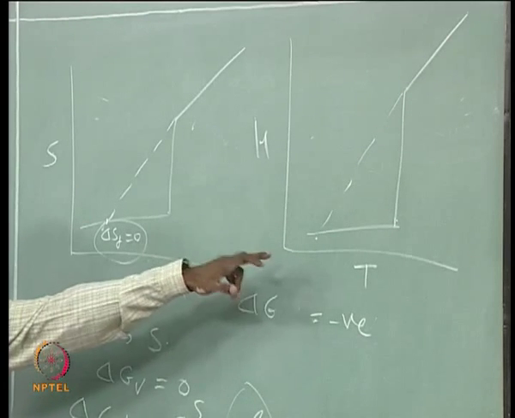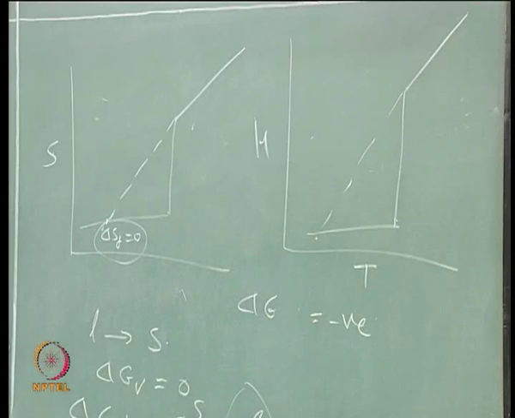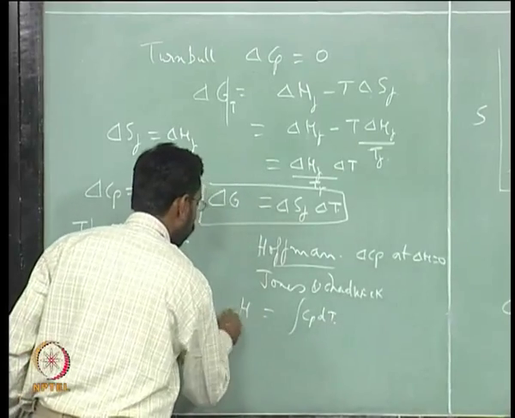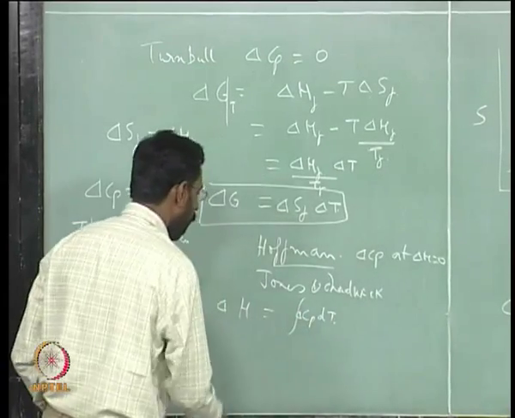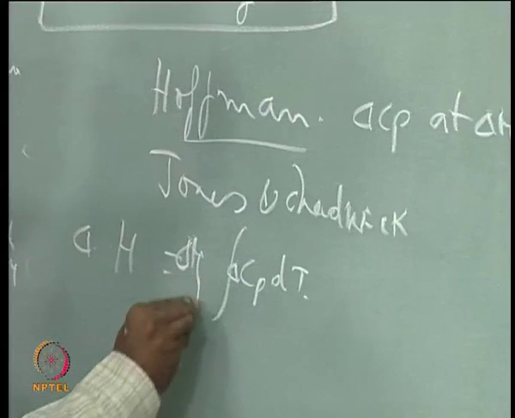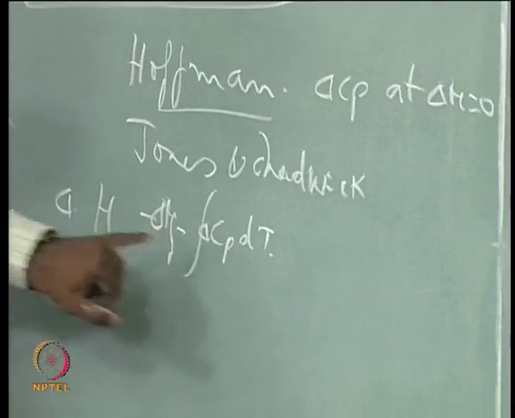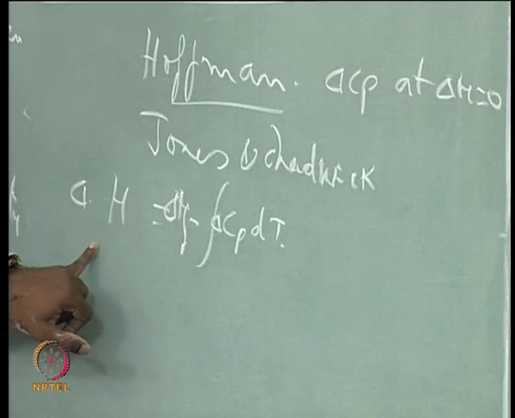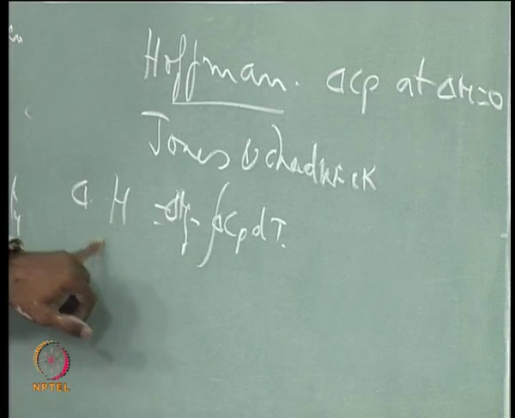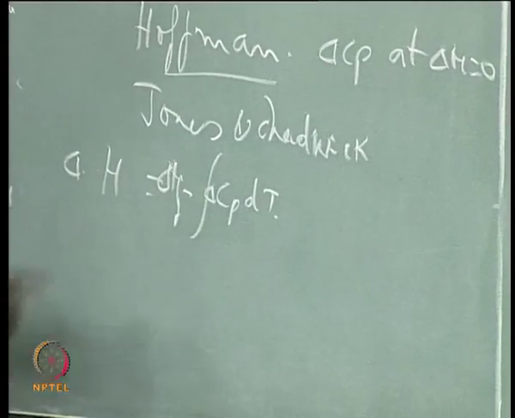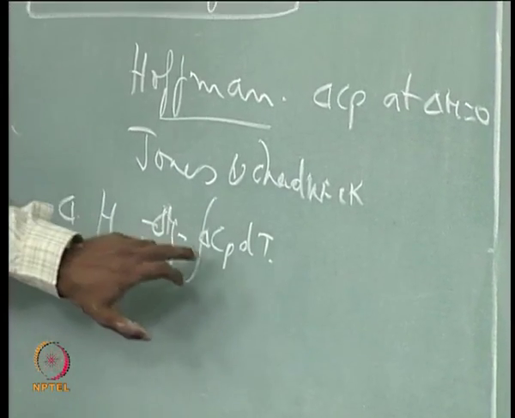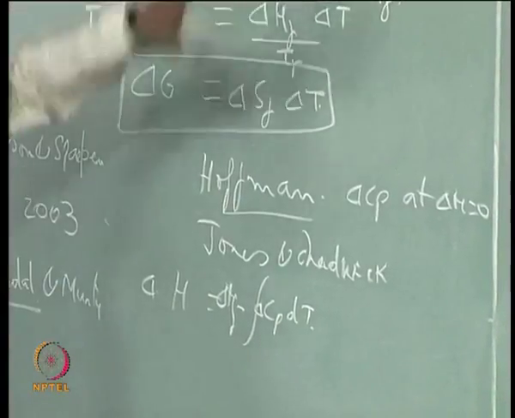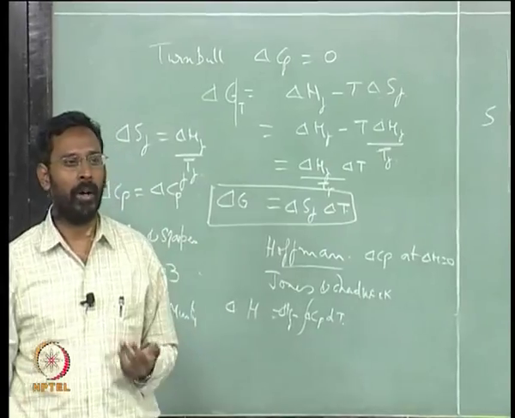If you assume this is going to 0, then extrapolate H as the integral of Cp dT, and delta H, which is nothing but delta Hf minus the integral of Cp dT, is taken as 0, you can get delta Cp in terms of expressions of delta Hf. So you will get some value of delta Cp in terms of delta Hf, and that value you plug into that particular equation. That is one way of doing it.